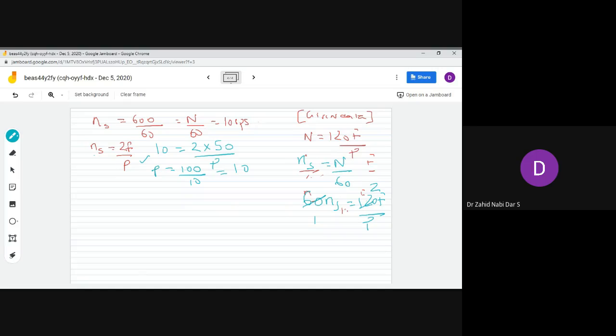Now you got this value, and now you want to know the current per phase, I phase. If you write the kVA equation, you have root 3 V phase I phase into 10 power 3.